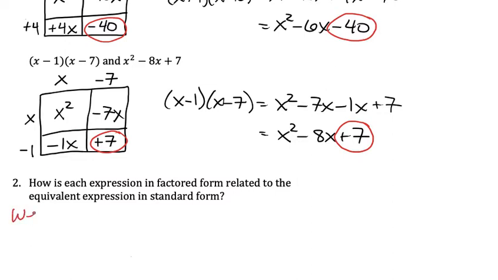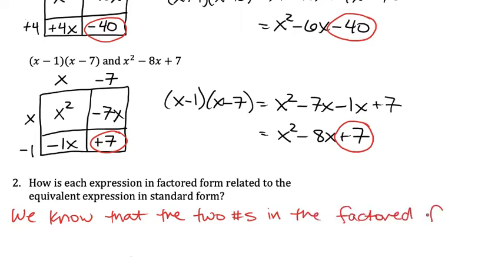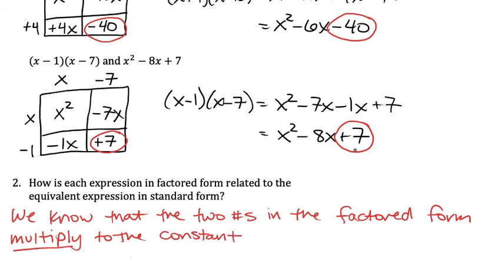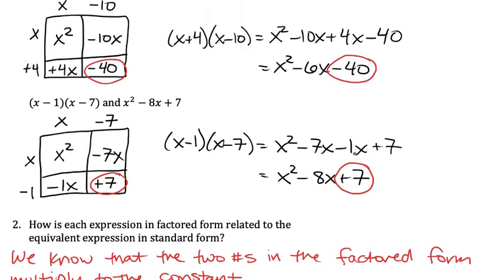So we know that the two numbers in the factored form multiply to the constant, or the number that's by itself.